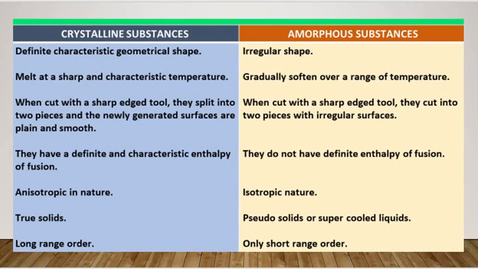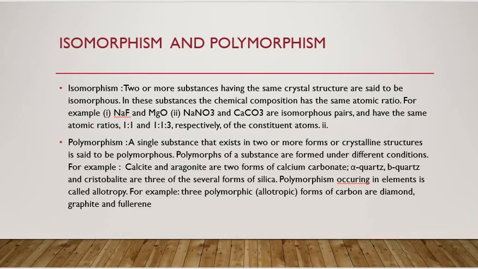Crystalline solids are anisotropic, amorphous are isotropic. Crystalline solids are true solids. Amorphous solids could be called pseudo solids or super cooled liquids. The particles have long range order in crystalline solids and short range order in amorphous solids.